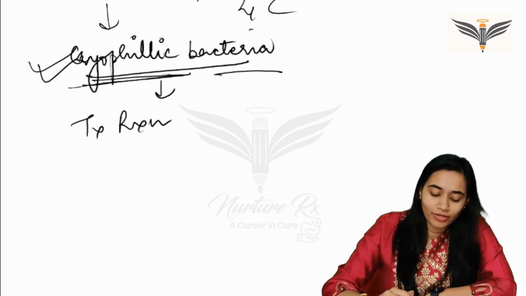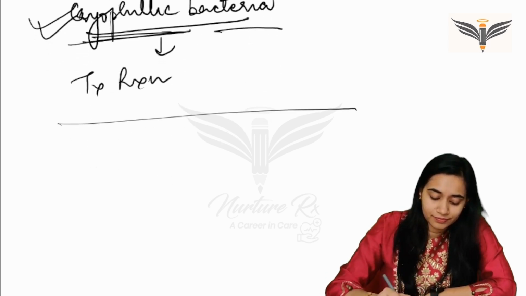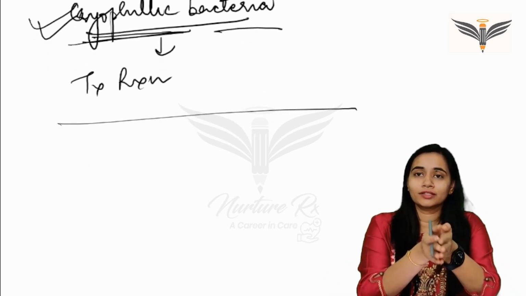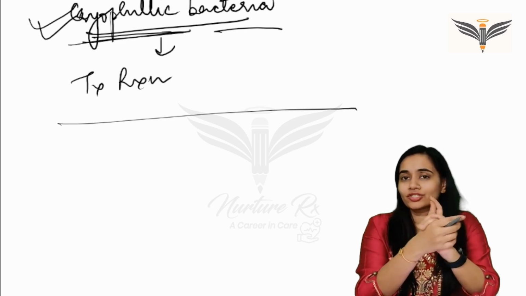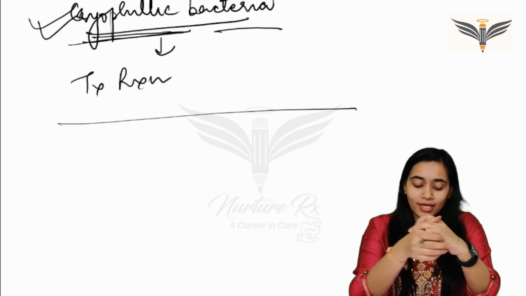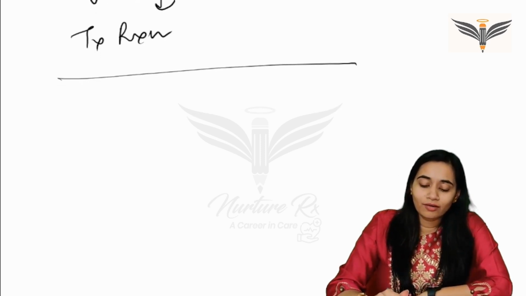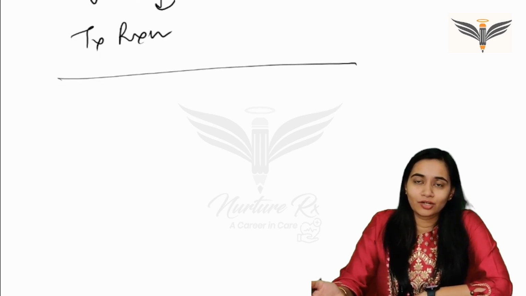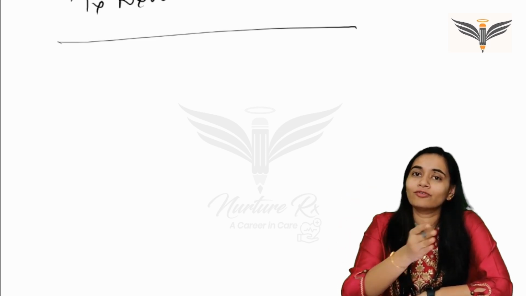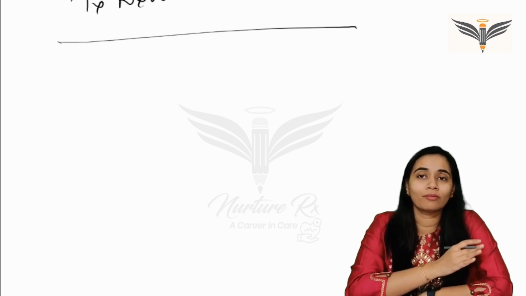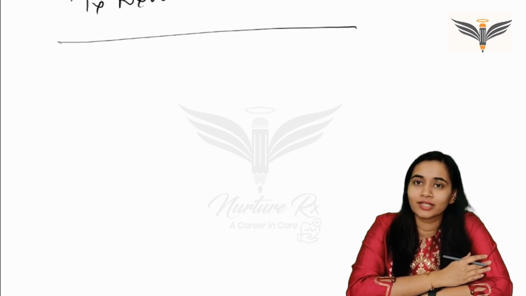Okay, now we have seen what the storage temperatures are, what the shelf life is, and the two most common questions that can be asked from this. Okay, now why is blood component separation required? It is required so that if a patient is in need of only one component, only that component is given to the patient, right?